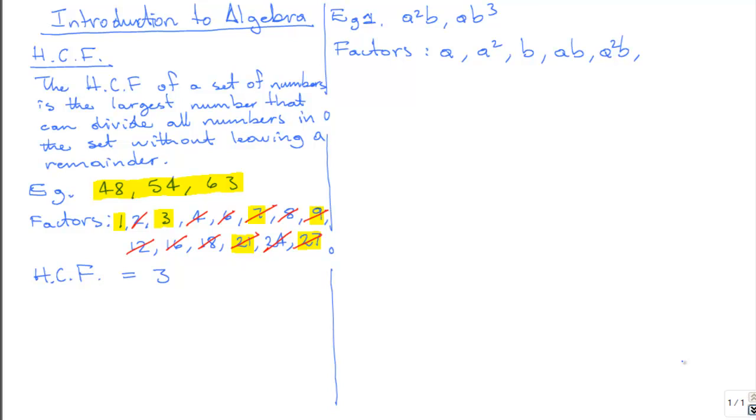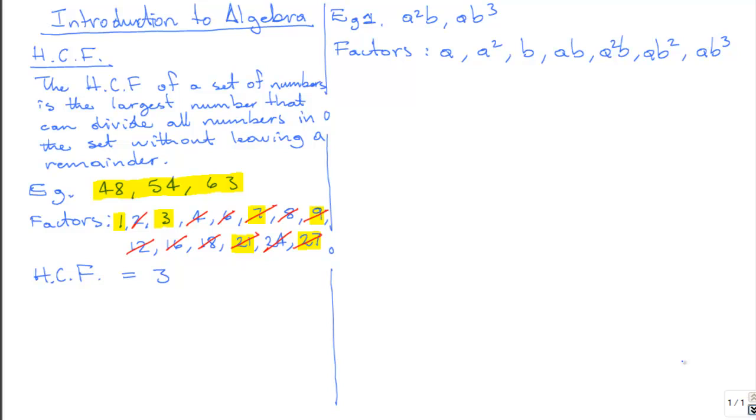The factors of ab cubed are a, b, ab, already listed, but now we can add to this list ab squared and ab cubed as a factor of itself.